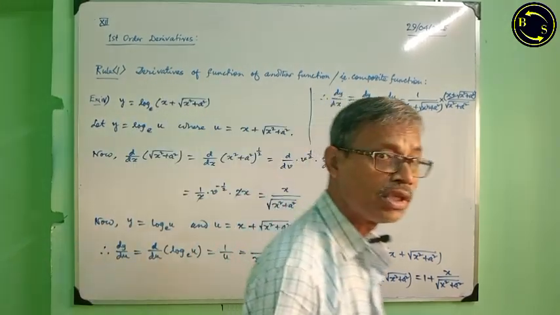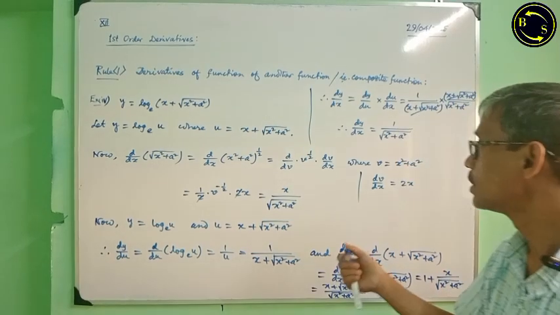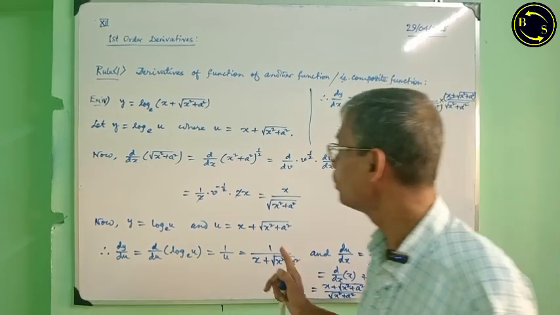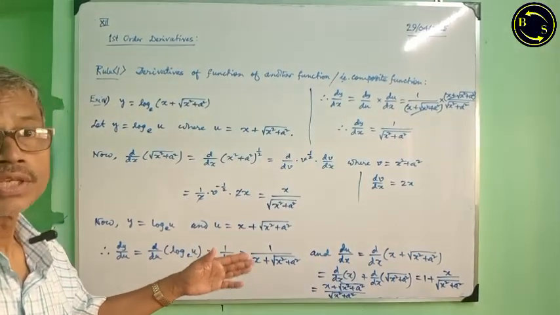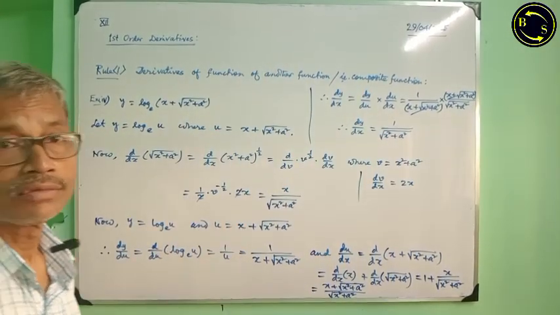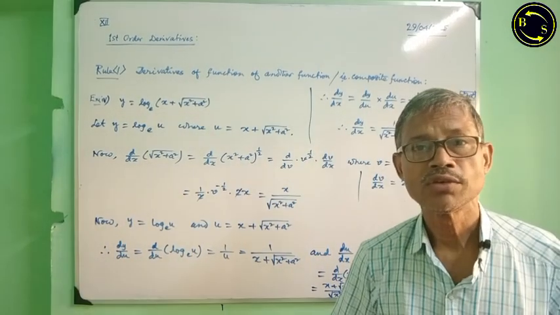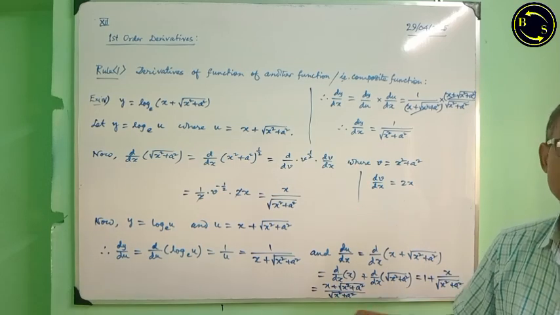Thus, I have worked out here a few interesting sums and tried to make you understand how to handle the chain rule. Thus, the first rule, the chain rule, has been discussed.